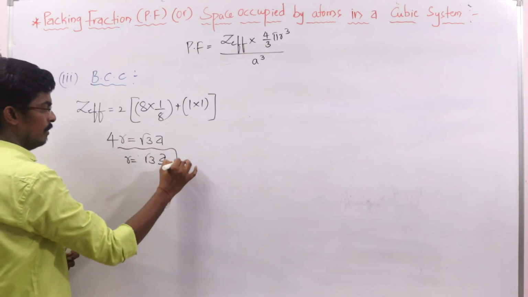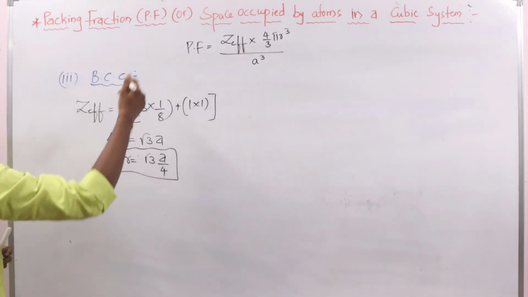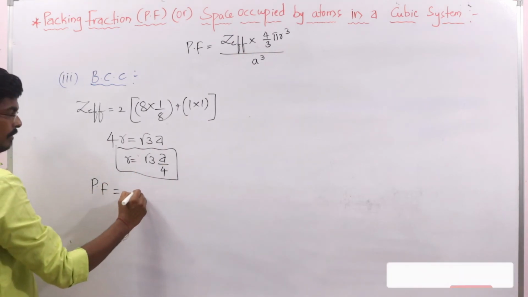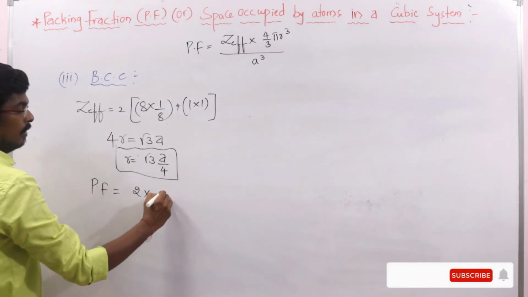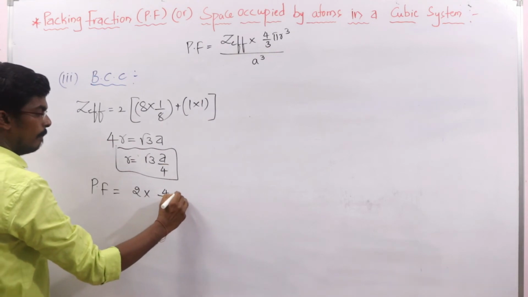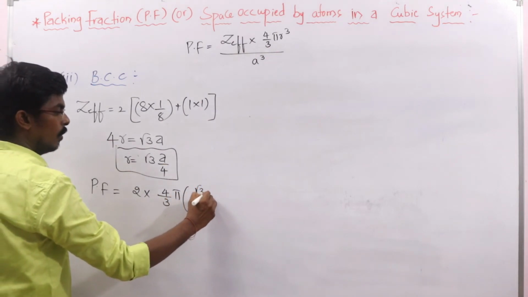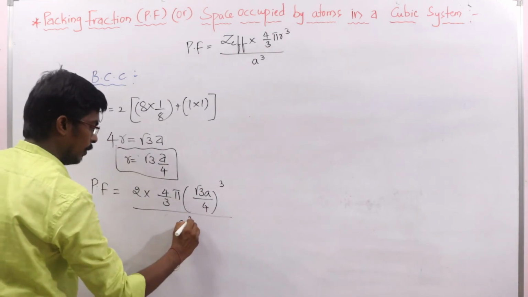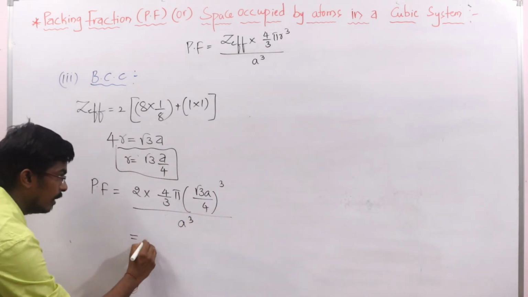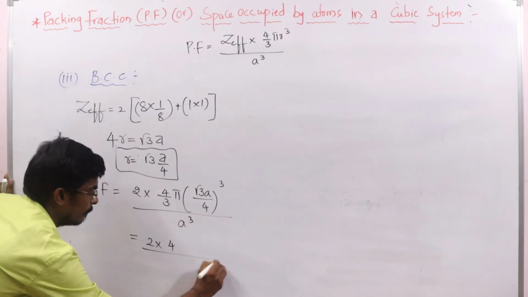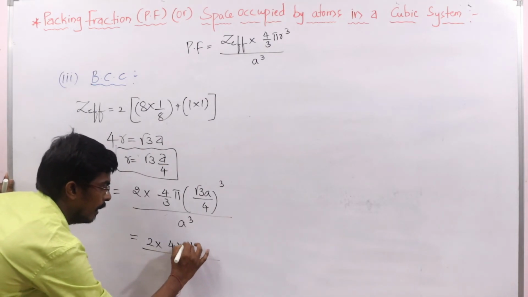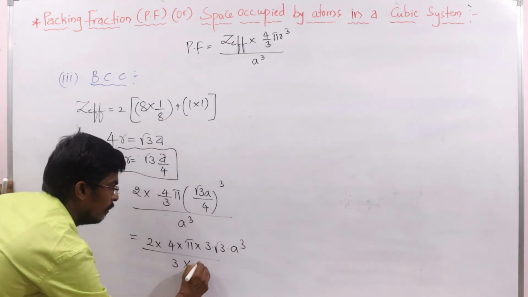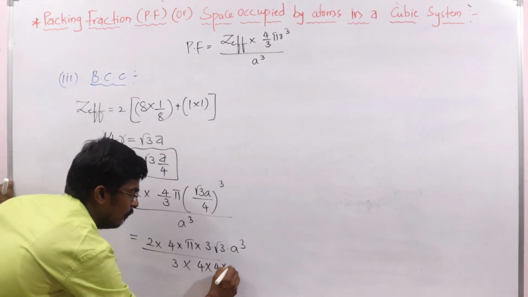So substitute these two in that form. Packing fraction is equal to Z effective, which is 2, into 4 by 3 pi r cube, root 3a by 4 whole cube, by a cube. Now here it is possible to write 2 into 4 by 3 pi into 3 root 3 a cube by 4 into 4 into 4.